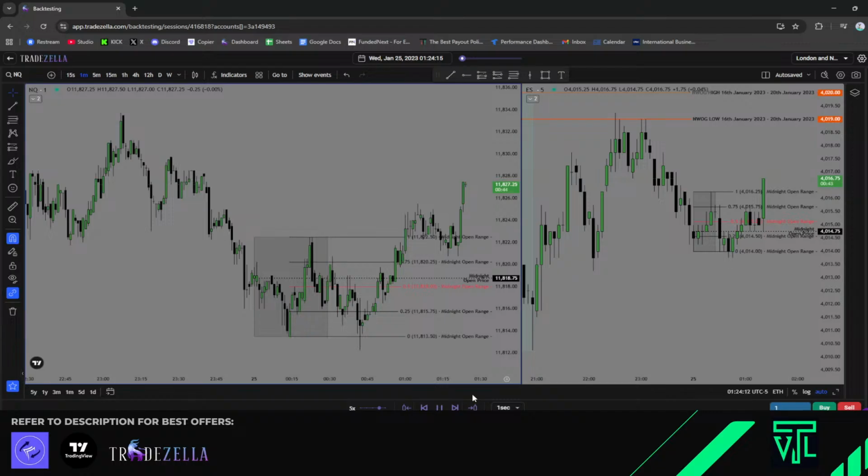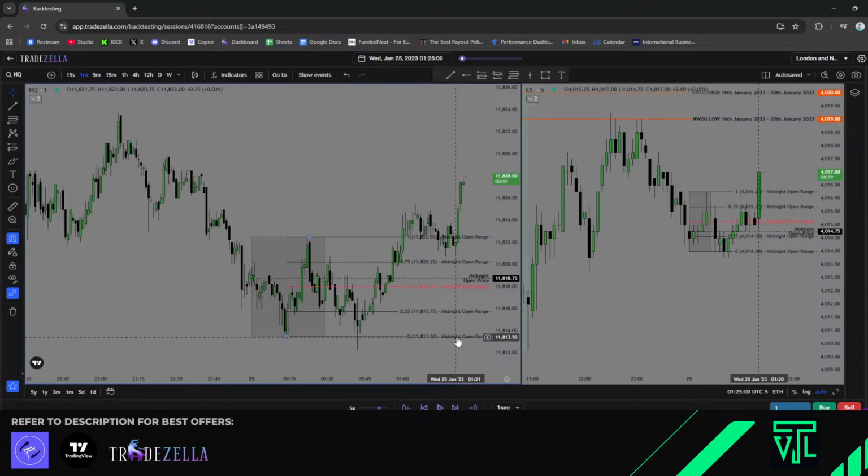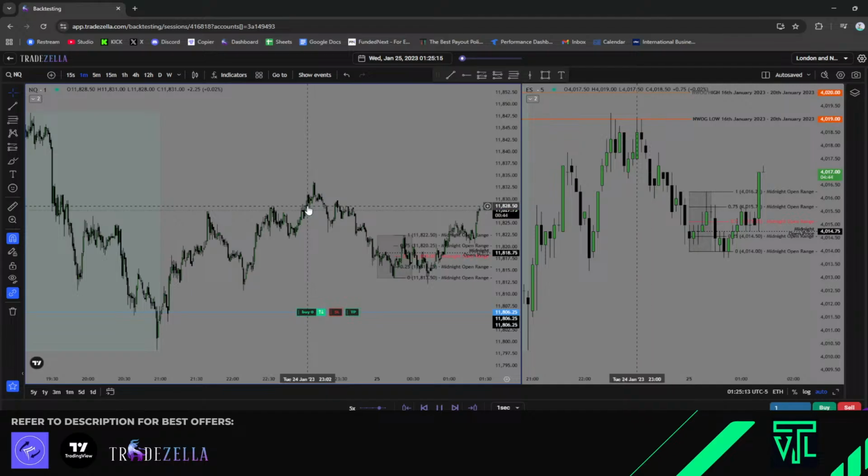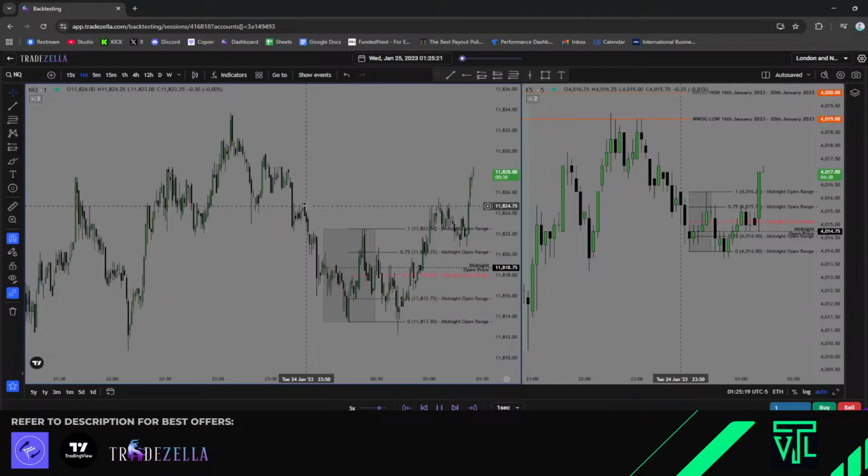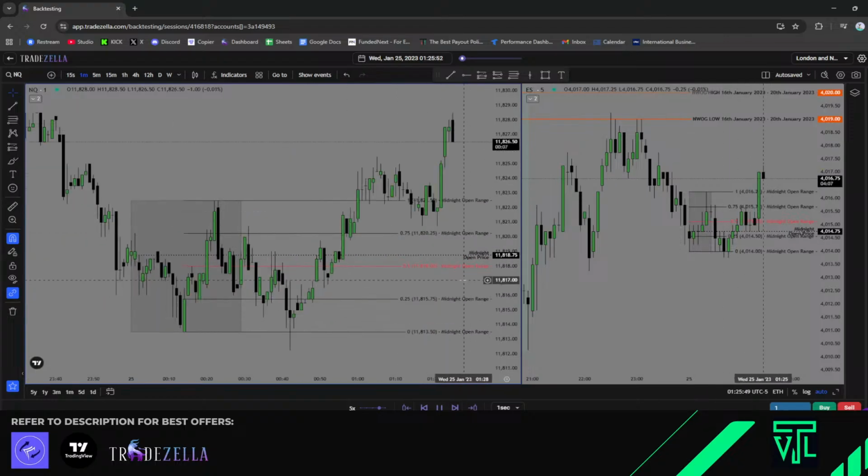What time frames are good for judging a draw? To be honest, I would say there is no one time frame that you can totally rely on. So I mainly use 4 hour, 1 hour to decide my draw on liquidity for the session, and then I mainly execute on 1 minute.